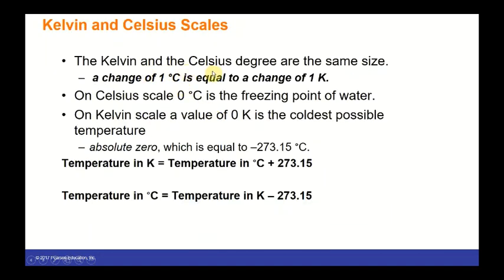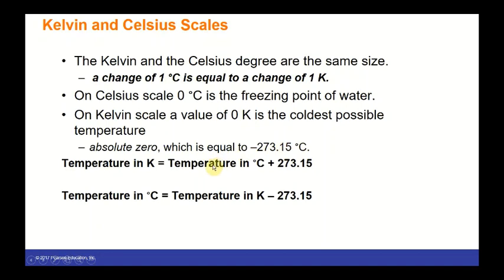Kelvin and Celsius scales are similar in that 1 degree Celsius is equal to a change of 1 Kelvin degree. So when we are looking at the Kelvin scale, it is an absolute scale. And absolute zero is actually negative 273.15 degrees Celsius.